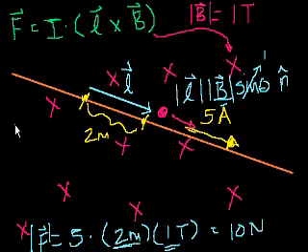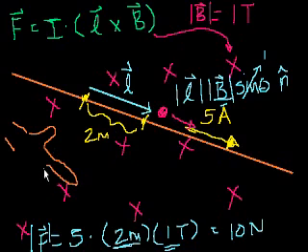If this is my right hand, I have my thumb sticking out like that. So the L is going to be my index finger, the first thing in the cross product. And then the B is the magnetic field that's going into the screen. So you can't see it. You can just take my word for it that my middle finger is pointed downwards into the screen, and then my other fingers are just doing something else.